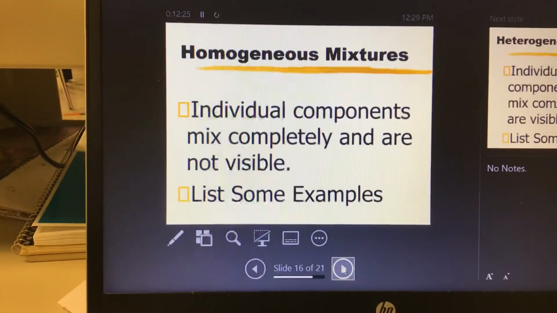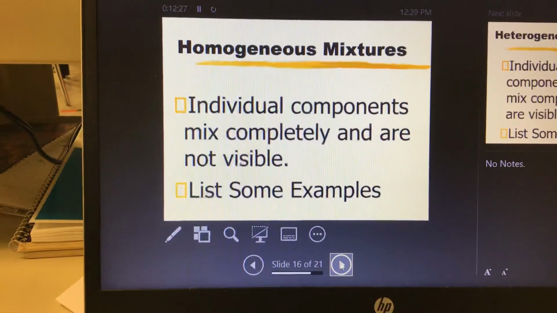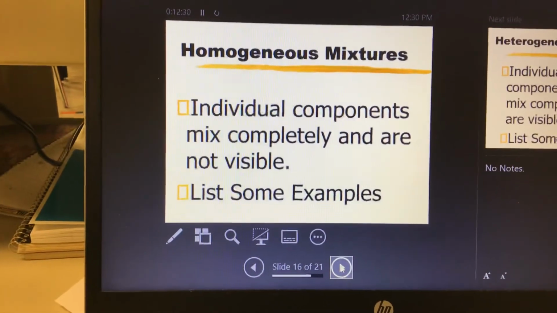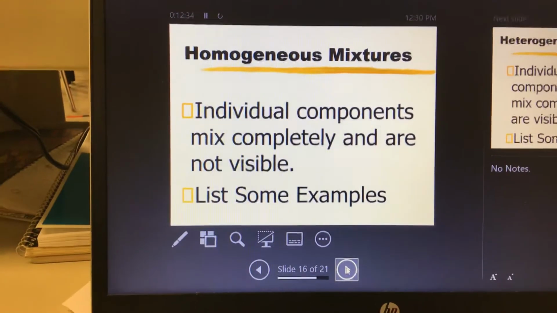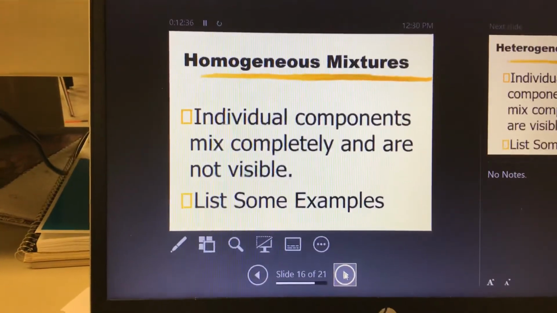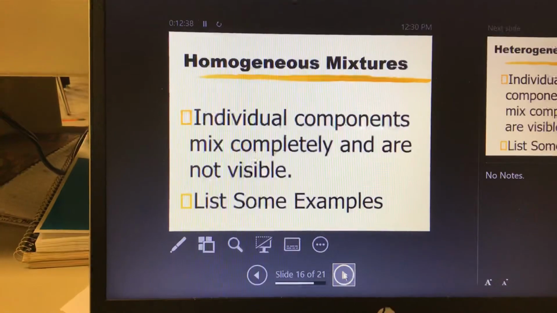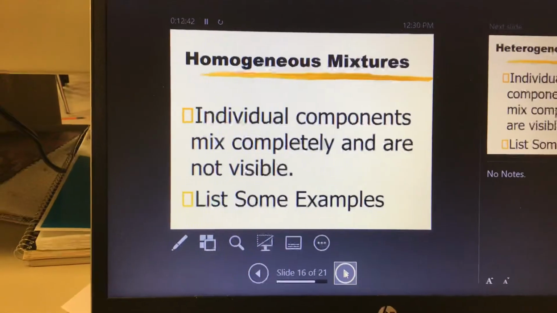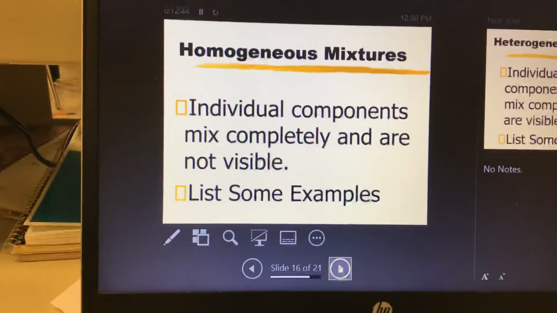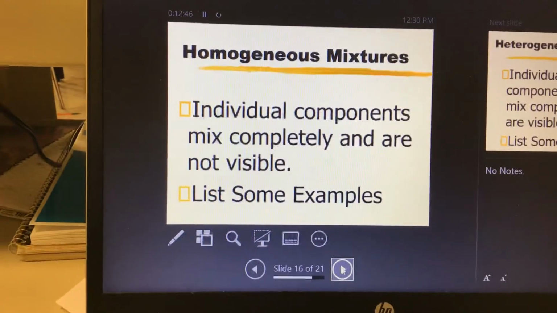It is all the same. It is a homogeneous mixture. It is evenly mixed. When you buy chocolate milk from the store, it's a homogeneous mixture. It's evenly mixed. There's not chunks of chocolate at the bottom.